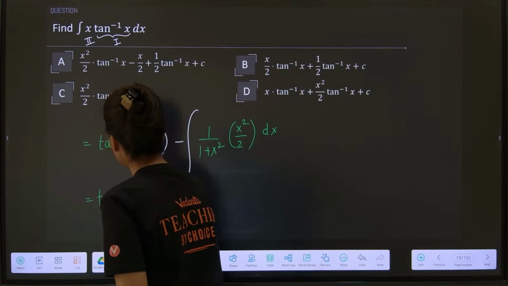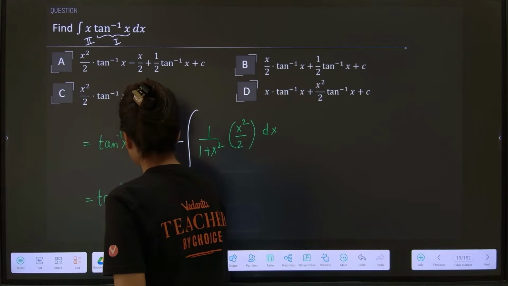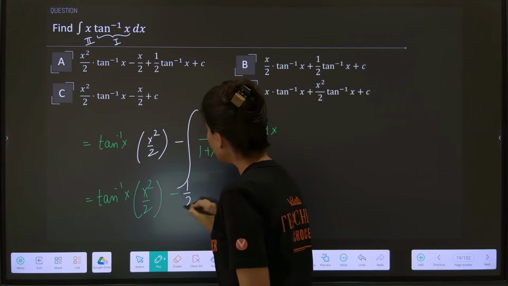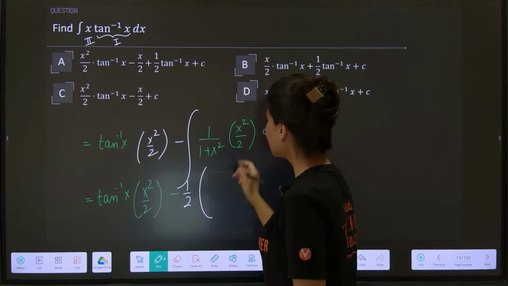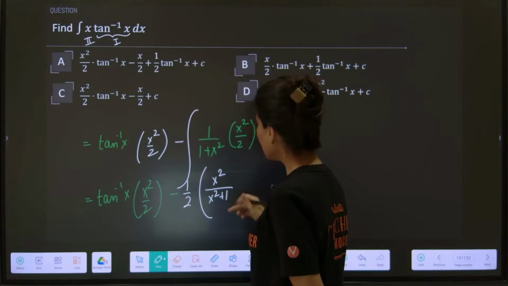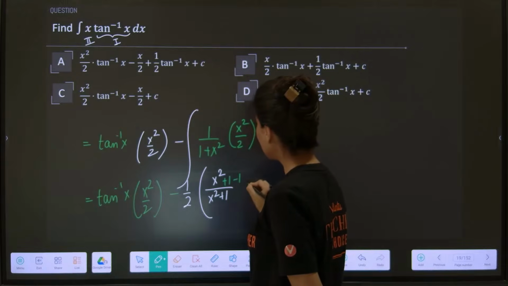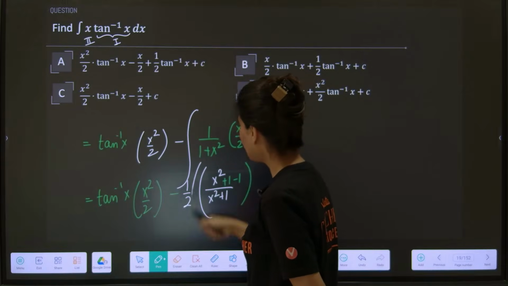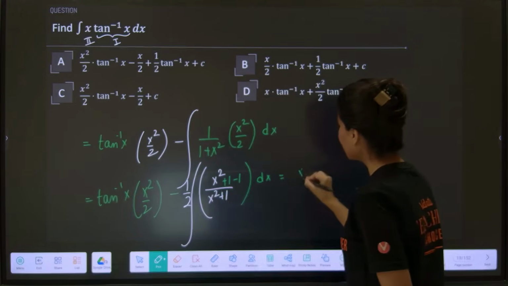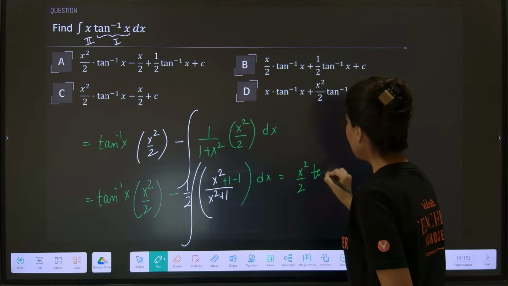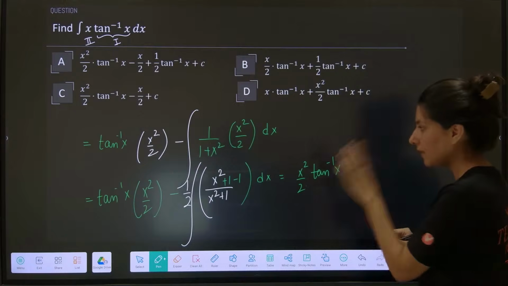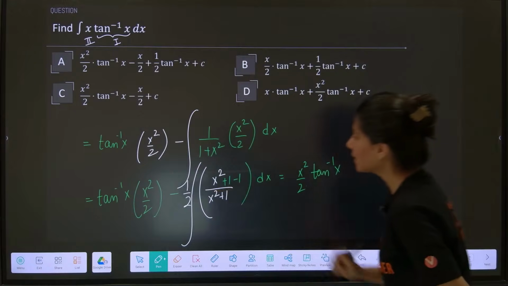So this is tan inverse x, x square by 2, minus 1 by 2 if I keep it common. So what will happen? This is x square upon x square plus 1. So what I'm going to do is add 1 and subtract 1. Slightly lengthy process, but x square plus 1 cancels.